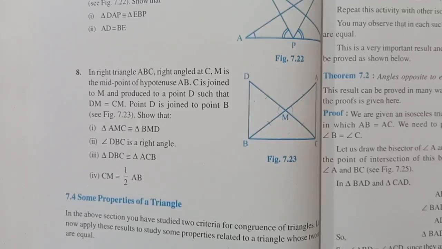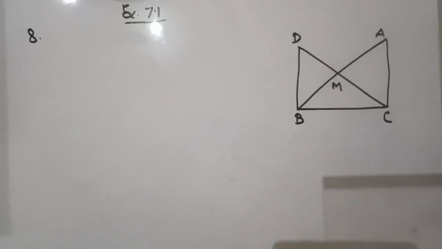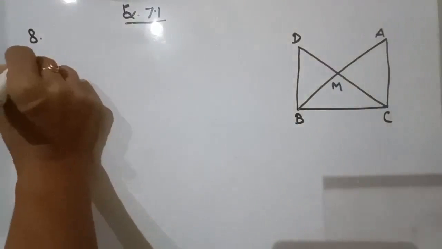Roman number 2, angle DBC is a right angle. Roman number 3, triangle DBC is congruent to triangle ACB. And Roman number 4, CM equal to half of AB. So question number 8, solution.